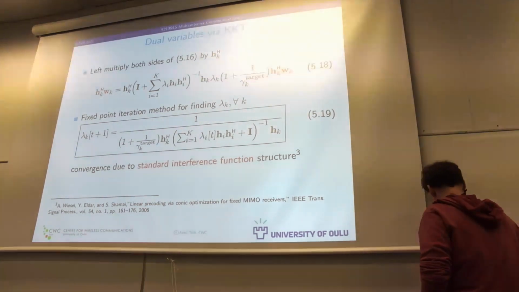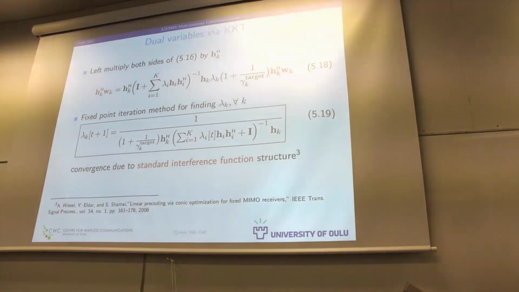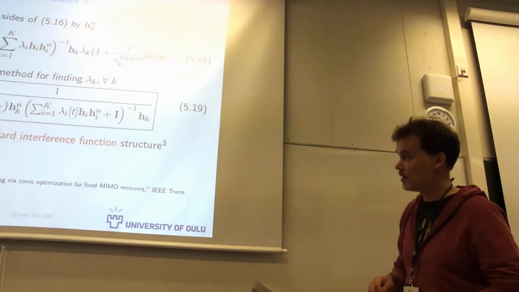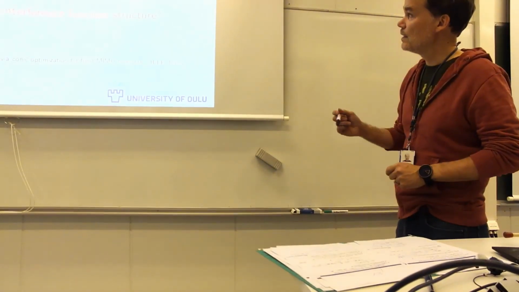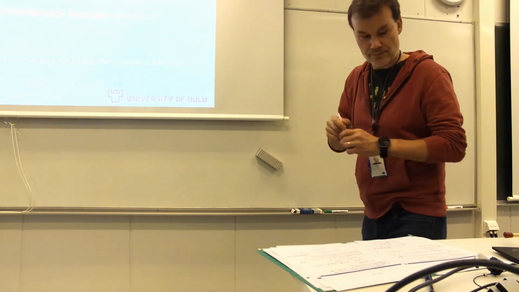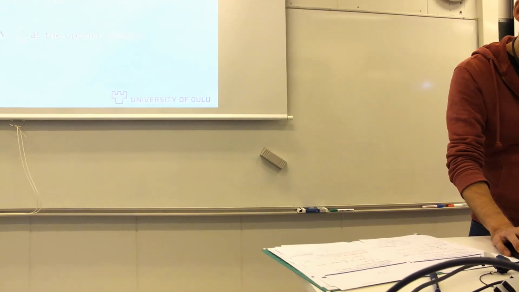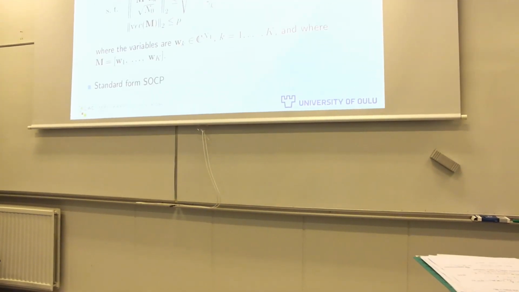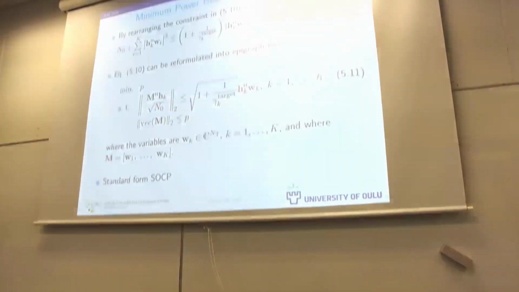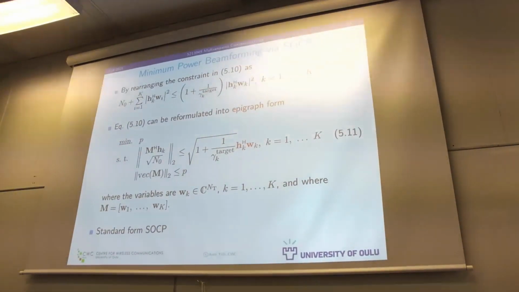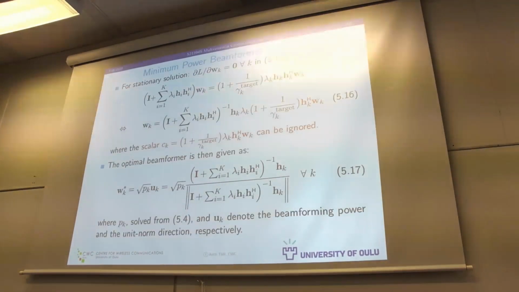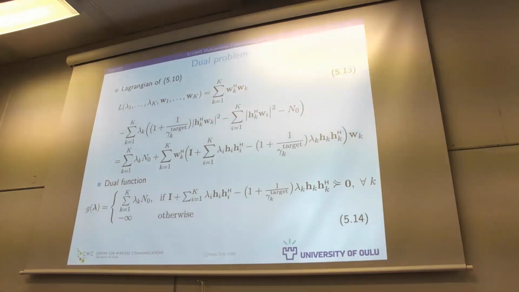Now in slide set 4, when we discussed uplink-downlink duality, we had a similar solution for the dual uplink power. Right? So actually, we can rewrite this a bit differently. This SINR constraint, where did I start from?